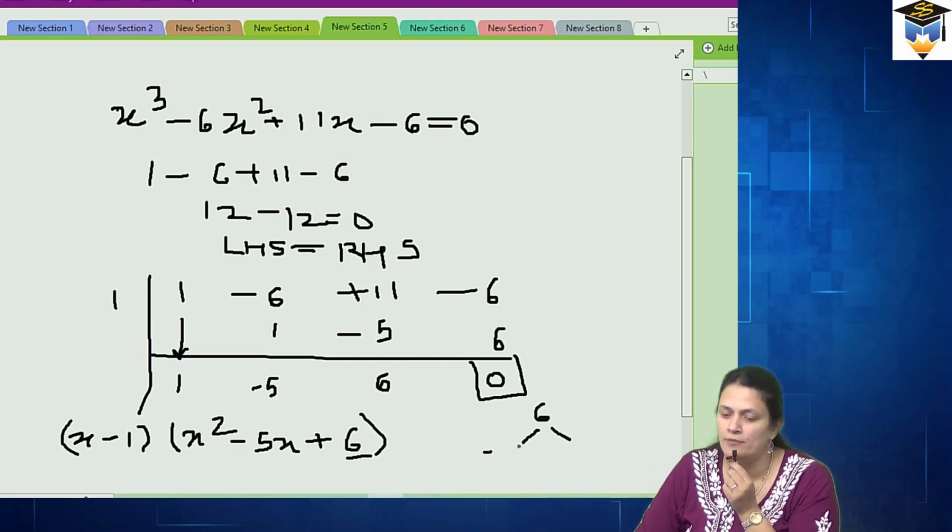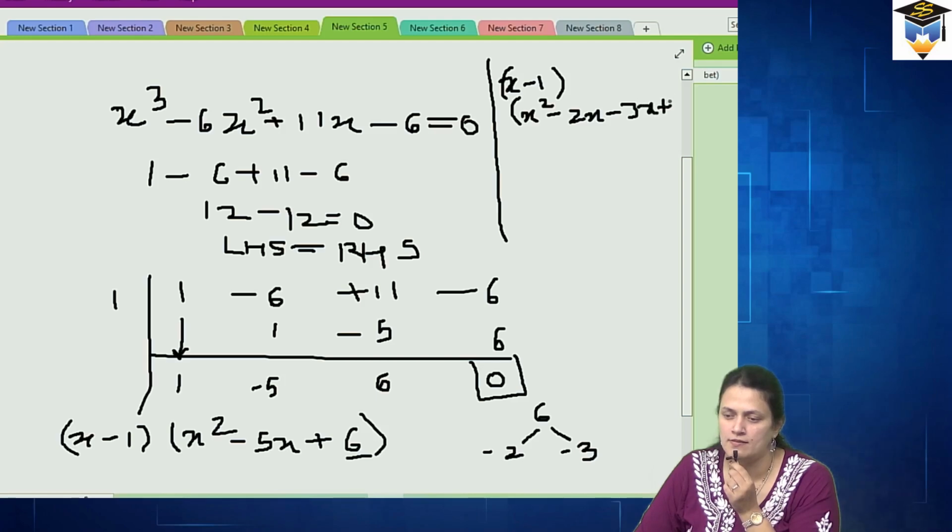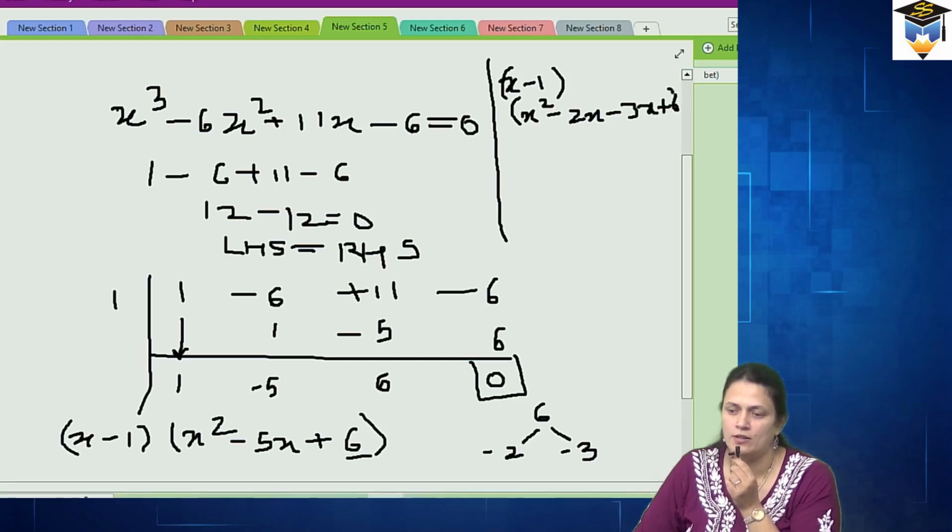So it will become what? Minus 2, minus 3. So I'm going to solve it over here. So x minus 1, and the other bracket would be x square minus 2x minus 3x plus 6, is equal to 0.